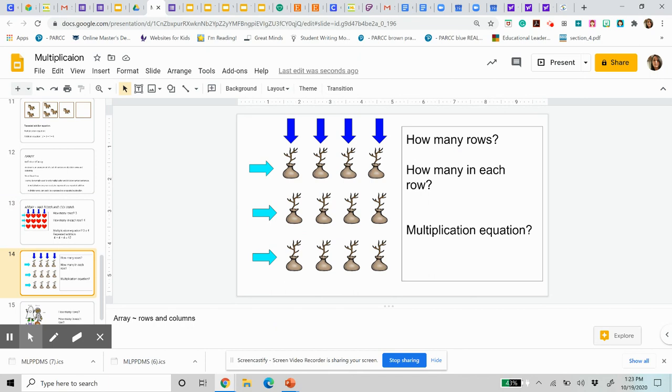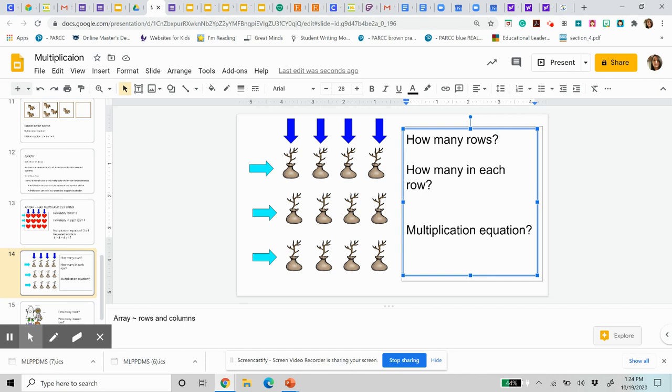A couple more. A lot of times when people are planting gardens, you use rows and columns. Classrooms have rows and columns too. Let's start with rows. How many rows? 1, 2, 3. 3 rows. How many in each row? There are 1, 2, 3, 4 trees in each row.